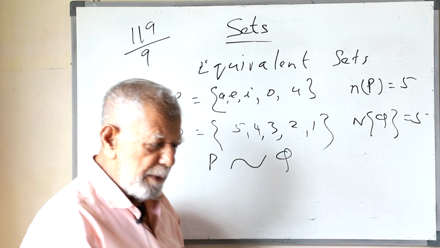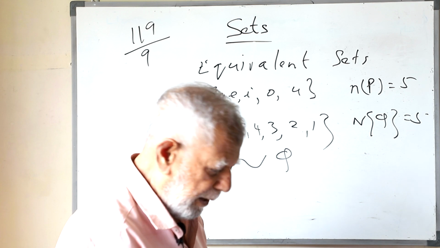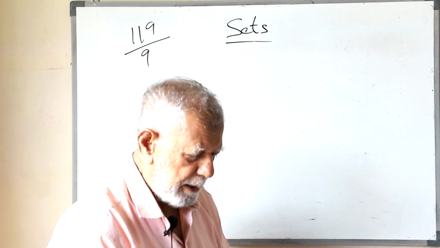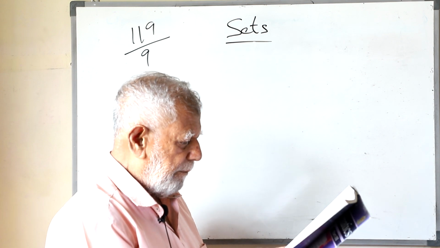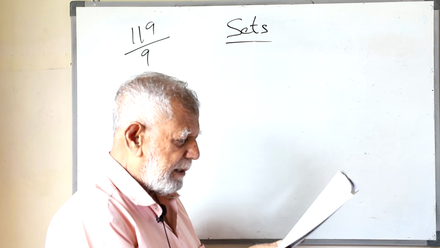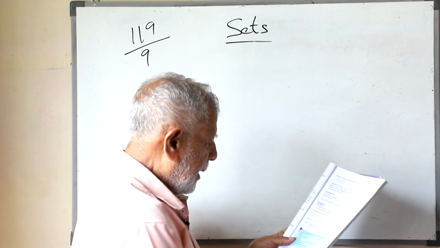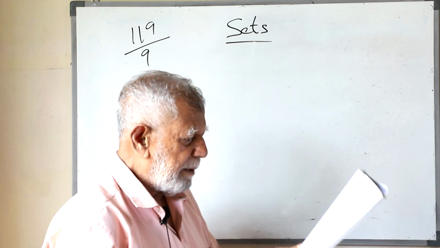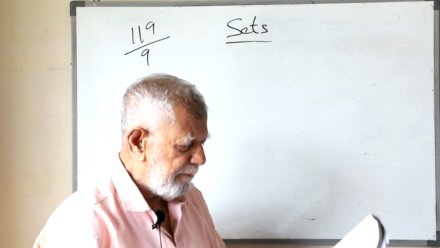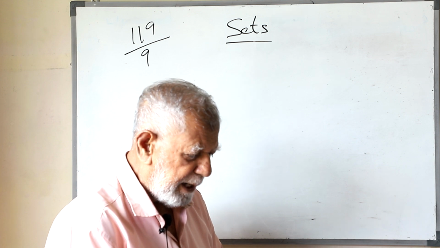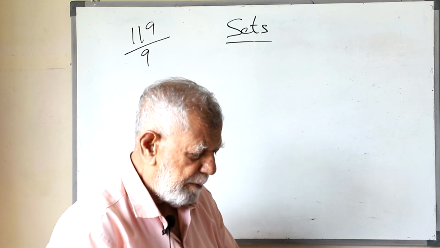Now look at the exercise. First one: from the sets given below, select and write the finite and the infinite sets. First one, A: multiples of 5 between 0 and 50. We can immediately write down the elements.